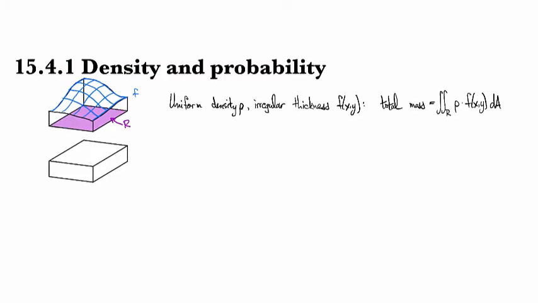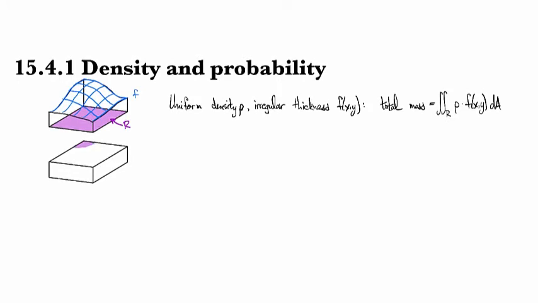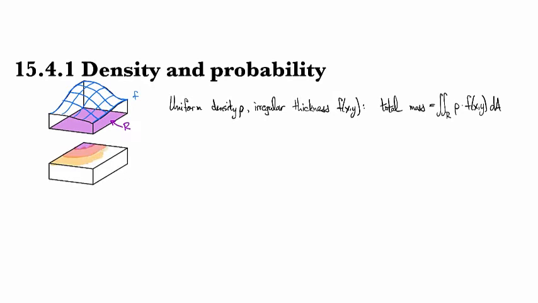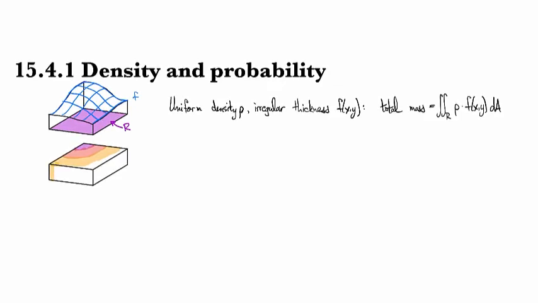Based on the picture I've drawn above, the most dense region would be here, and then there'd be some zone over here that's almost as dense, and then less dense. This is supposed to be a cutaway view of the block, so maybe we can see some of that action going on over here.